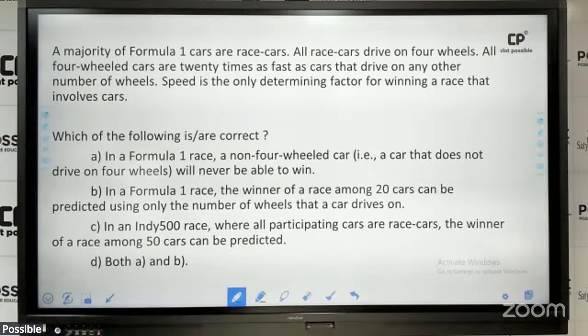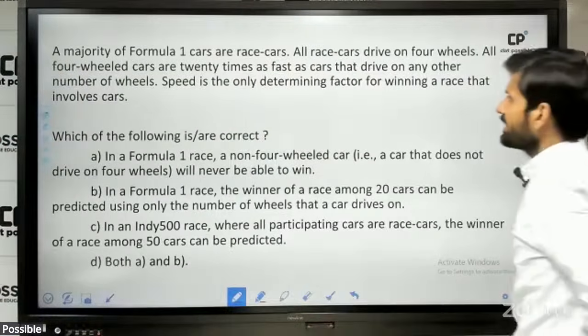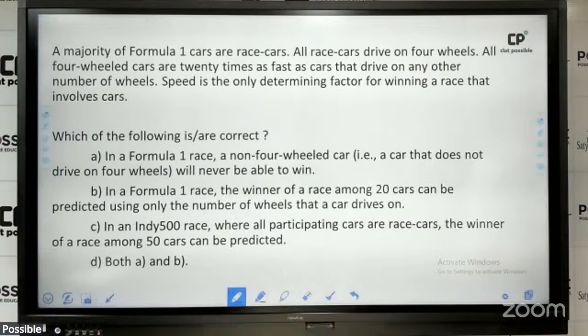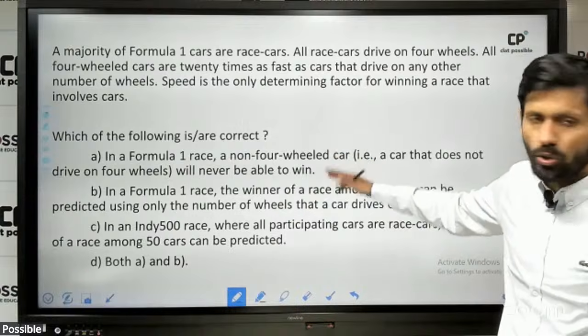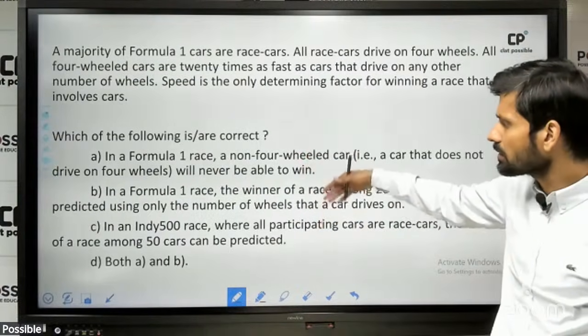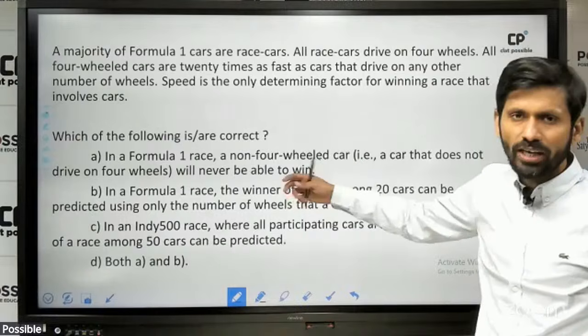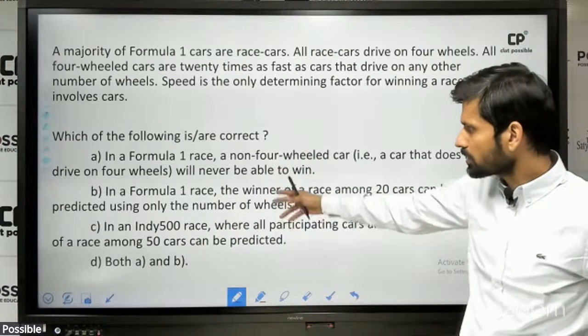Okay, so it says a majority of Formula One cars are race cars. All race cars drive on four wheels. And if somebody would have looked at the options right before even starting solving the question, you would have some sense as to how to approach it. So just look at the options here.